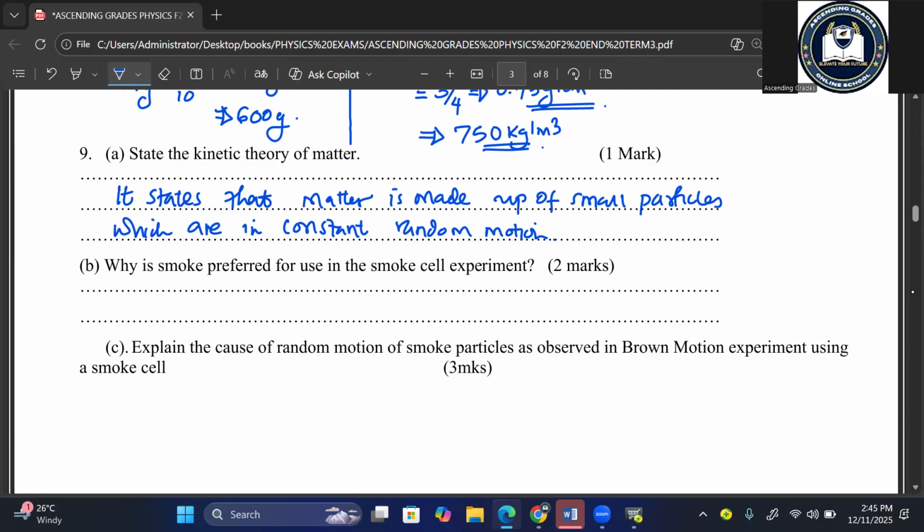Why is smoke preferred to use in the smoke cell experiment? We can give several reasons. Number one, smoke particles have the same density as air.